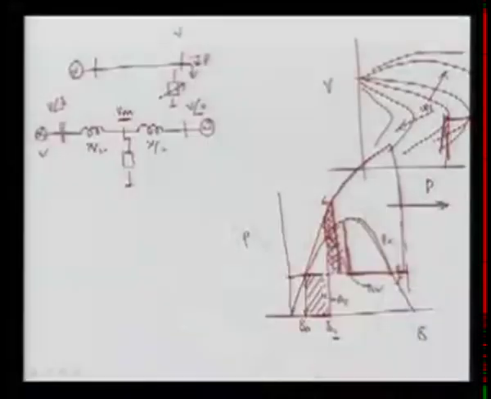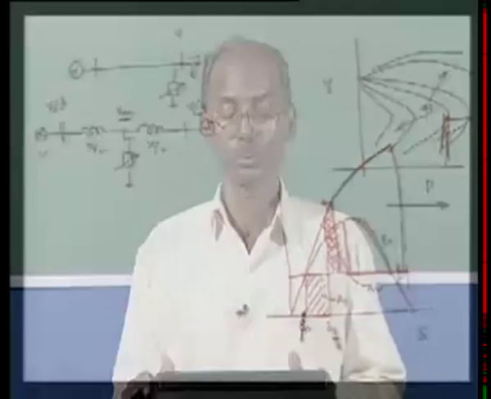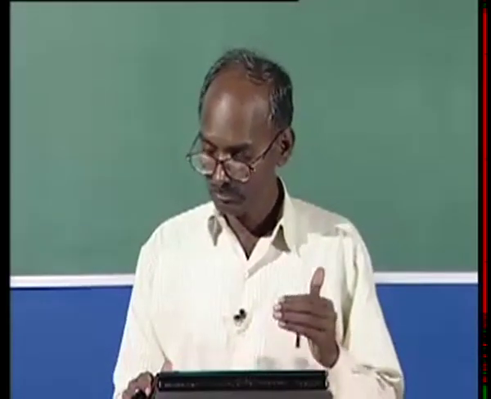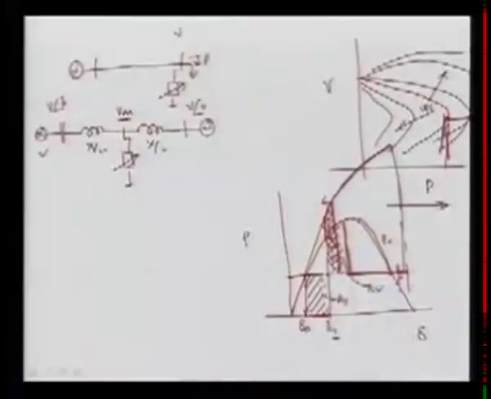Normally this characteristic is very ideal, meaning it is assumed that this compensator has infinite power, which is not true. So if we have some limitation on the reactive power, it may go up to this and again it comes here.